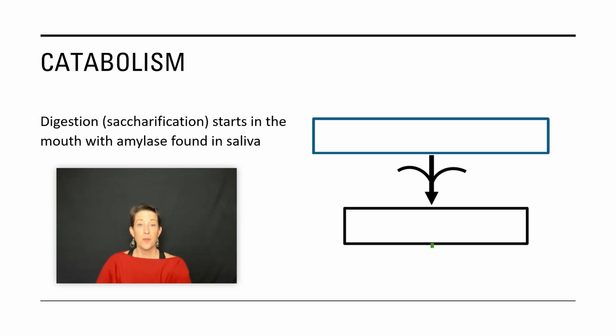So these first two boxes are from that big flow chart. And then this is going to be the middle box of this flow chart.